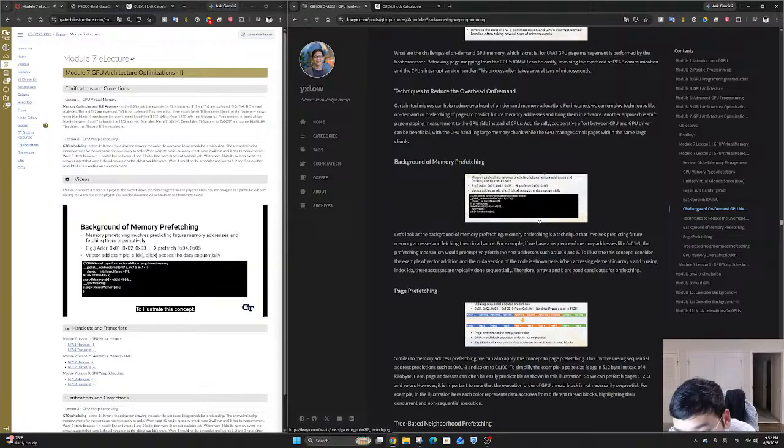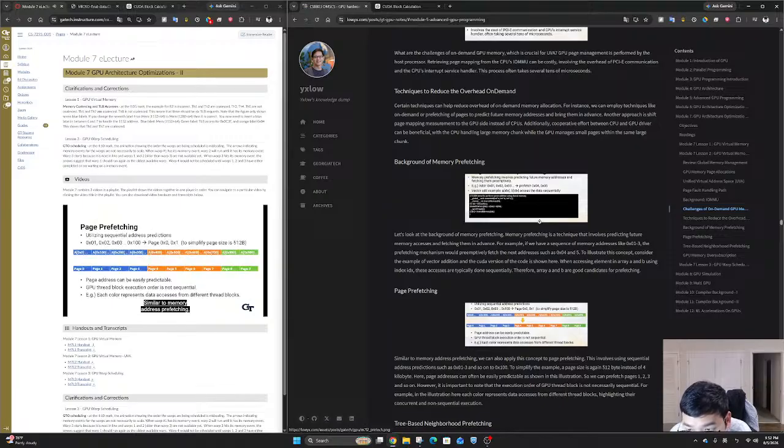To illustrate this concept, consider the example of vector addition, and the CUDA version of the code is shown here. When accessing elements in arrays A and B using an index IDX, these accesses are typically done sequentially. Therefore, arrays A and B are good candidates for prefetching.